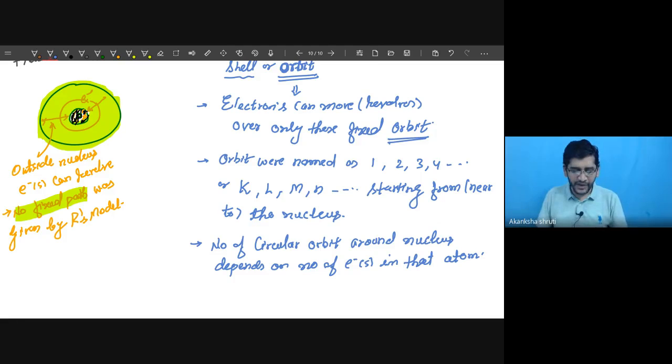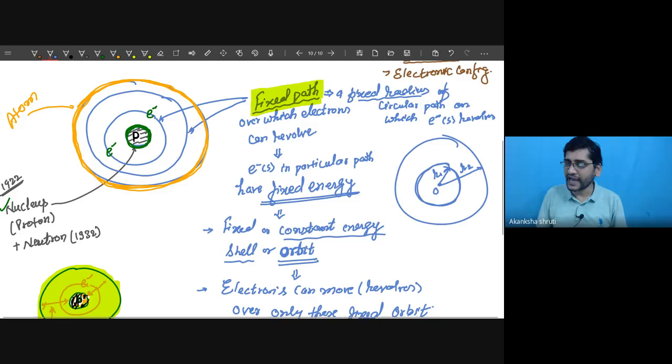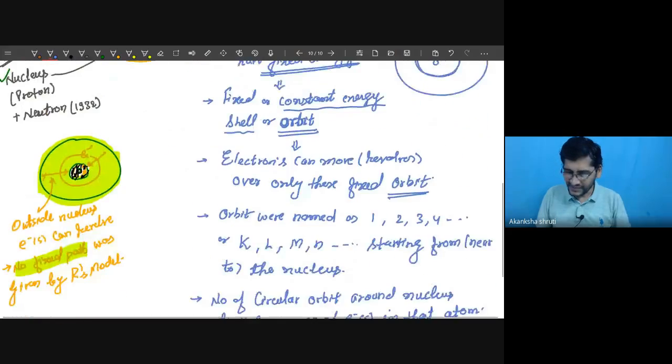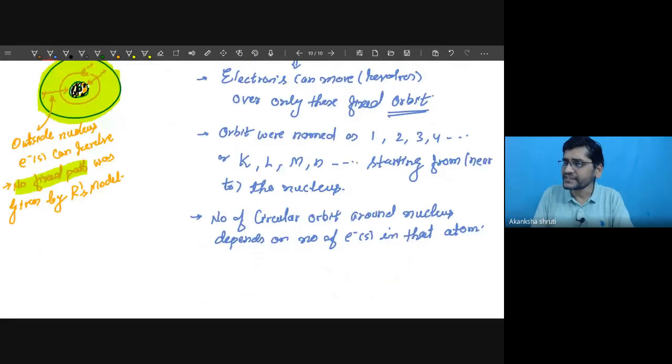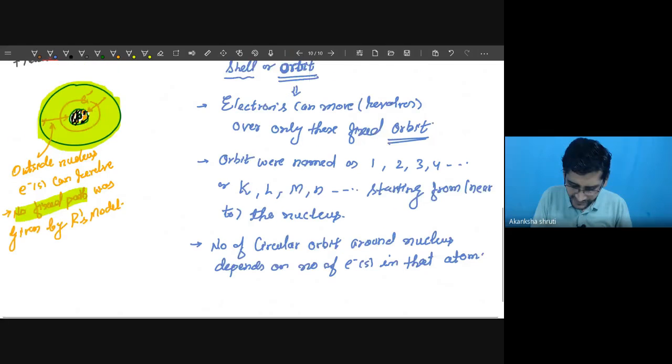This means the number of paths over which the electron can move is not fixed. Say if there are up to 2 electrons, then it can have only one path.